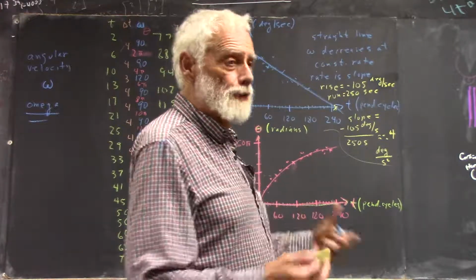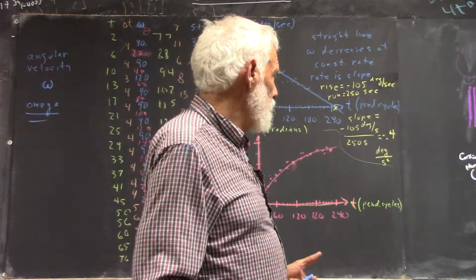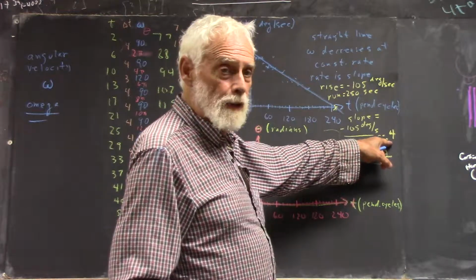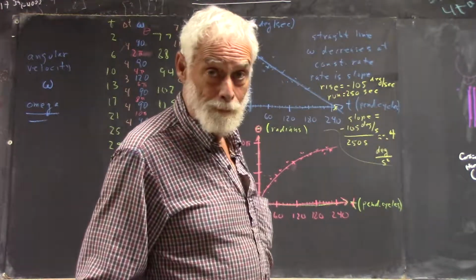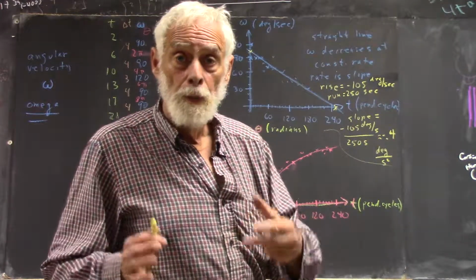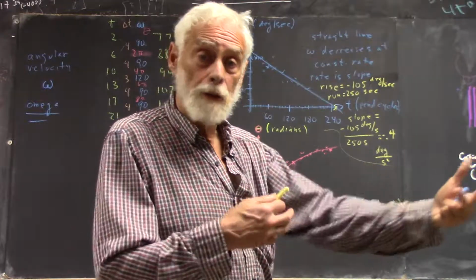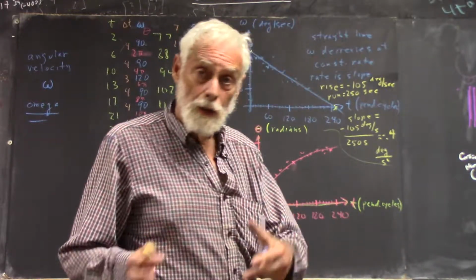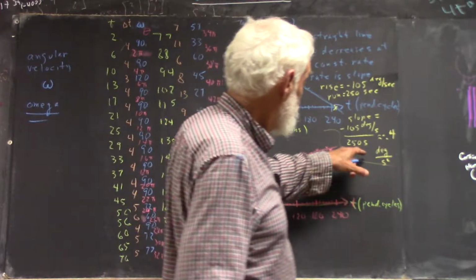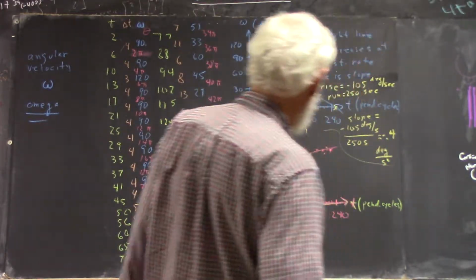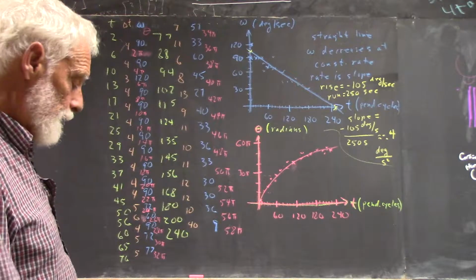It means every second on the average, your angular velocity changes by negative 0.4 degrees per second. Change in velocity per second. Okay, so there's our result. Okay, so that's kind of neat.